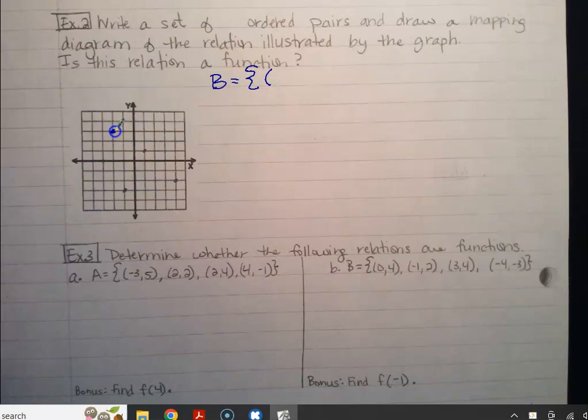What's this one? -2, 3. Nice job, Connor. Okay, so that's 1. How about this point over here? What's that one, Chase? 1, 1. Awesome. Okay, let's go, Abigail, down here. What's this point?